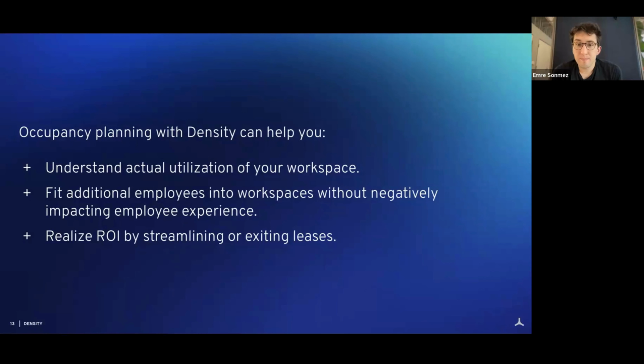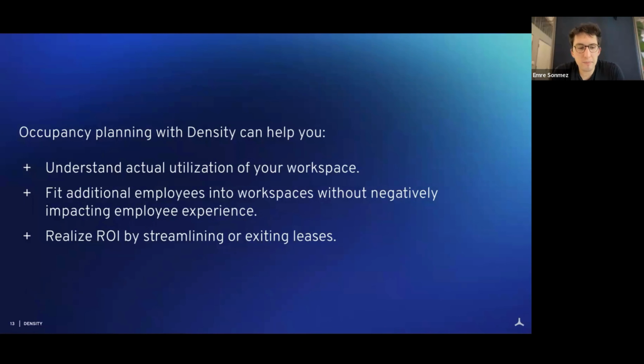So to summarize the way that we work with our customers to help facilitate occupancy planning with density, the premise is by giving visibility into specifically what spaces individual teams use, we can enable a really data-driven decision on how many more people we can load onto a floor without compromising employee experience, and activate the floor very intentionally, and then realize a return on that investment of measurement by not needing additional space, not needing to lease it, not needing to operate it, and not needing to build it out.